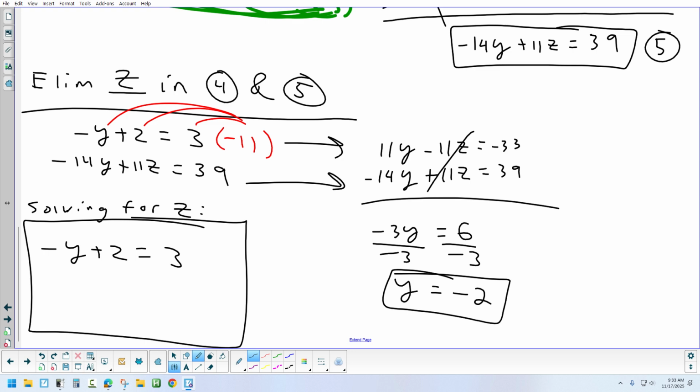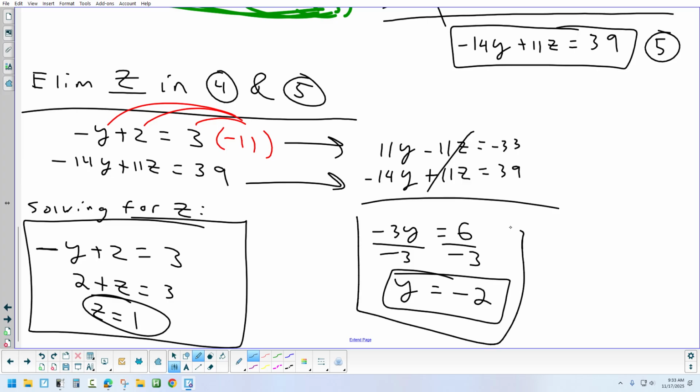We got negative 2 for y, fill that in. Negative 2 is how much? Positive 2. And 2 plus what gives me 3? 1. Okay, so we solve for z.